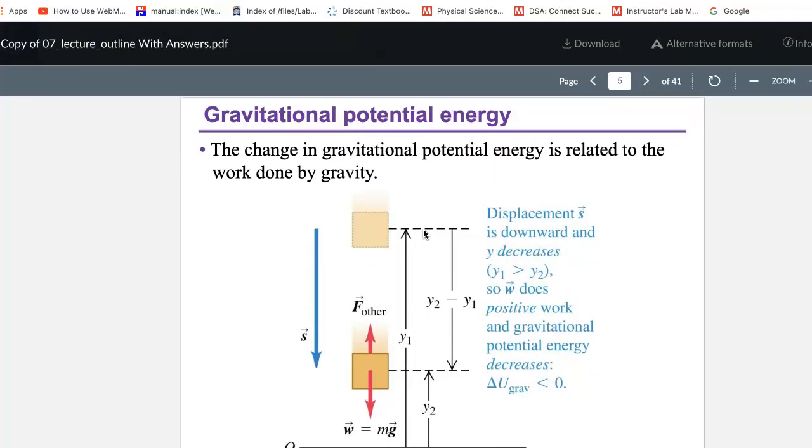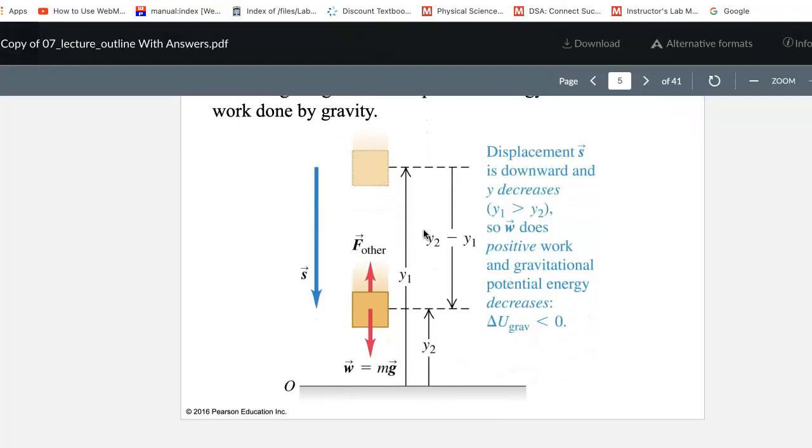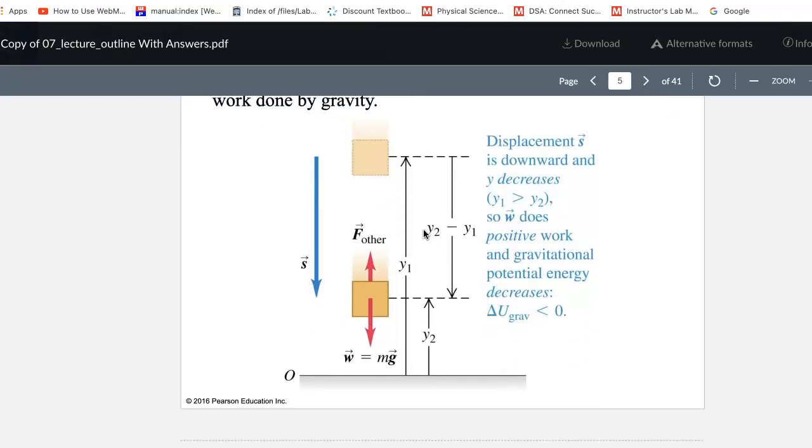The change in gravitational potential energy is related to the work done by gravity, and we are also going to find an expression relating the force with the change in the potential energy.